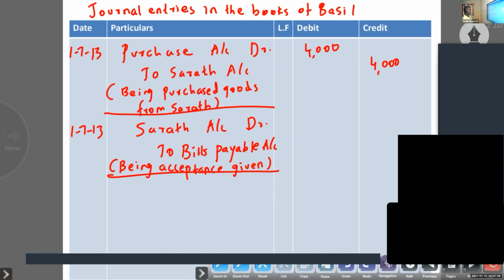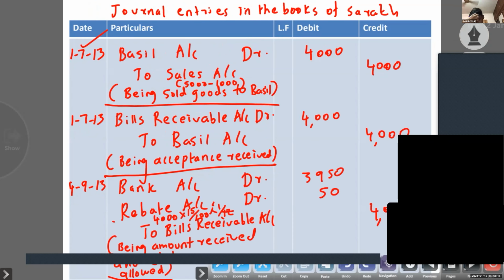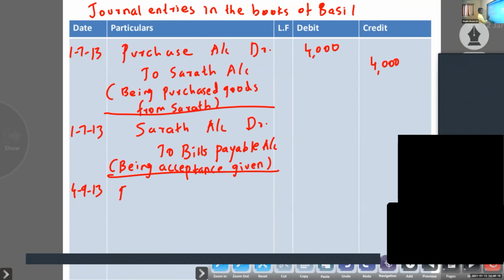Now, 4th 9, retiring of bill. Generally in the books of drawee: bills payable account debit to bank, to rebate.